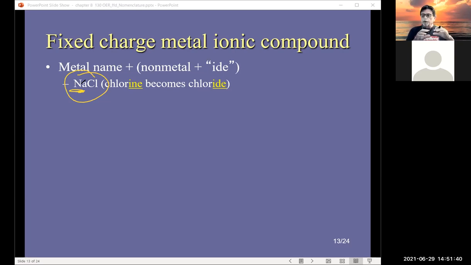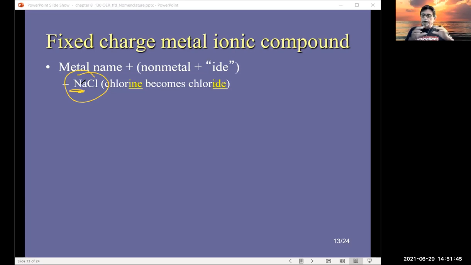So by convention, you would not see chlorine, then sodium. It will be the metal, like the name, sodium chloride, potassium chloride, magnesium chloride, etc. I talked at length already about the anion and the name change, so chlorine becomes chloride.